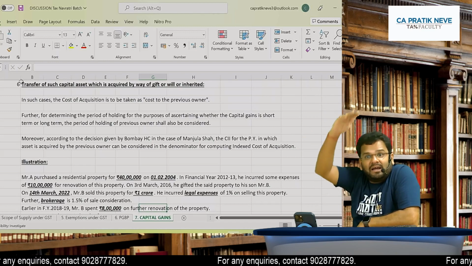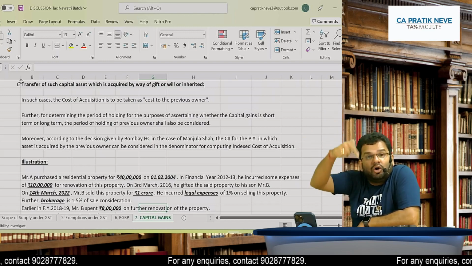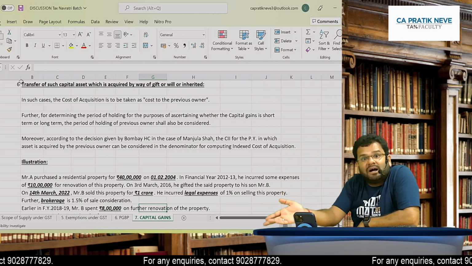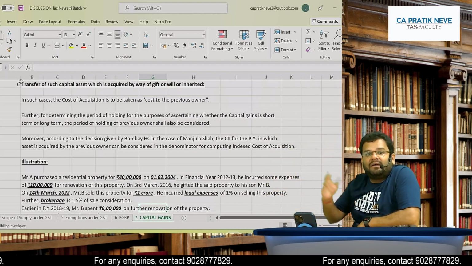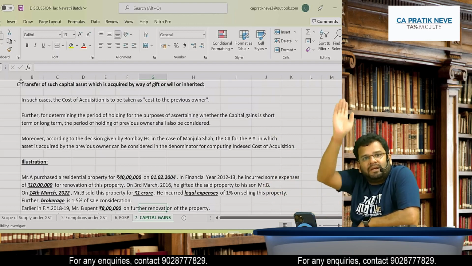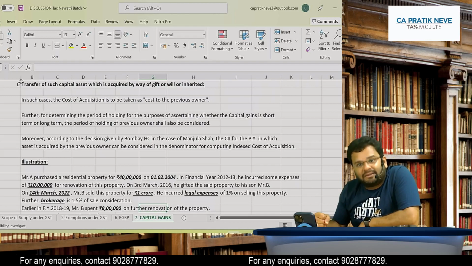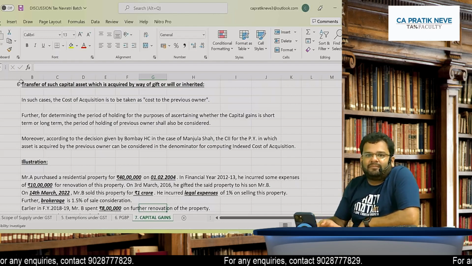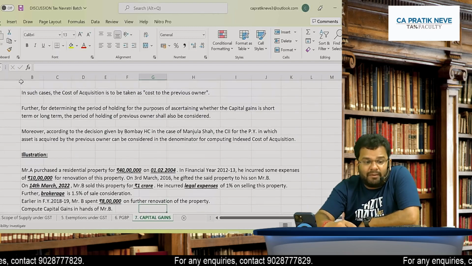The earlier the CII, the lower will be the value in the denominator. The lower the value in the denominator, the higher will be the ICOA. The higher the ICOA, the lower will be the LTCG. The lower the LTCG, the lower will be the tax. Did you understand? So what is better? To apply Manjula Shah is better.